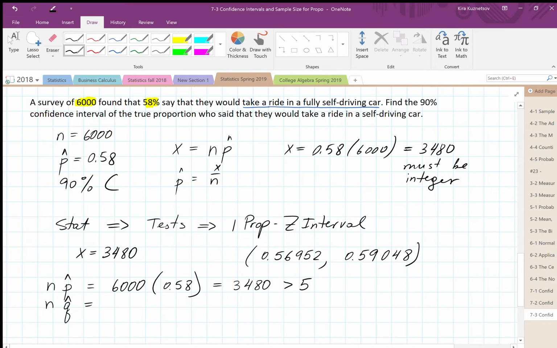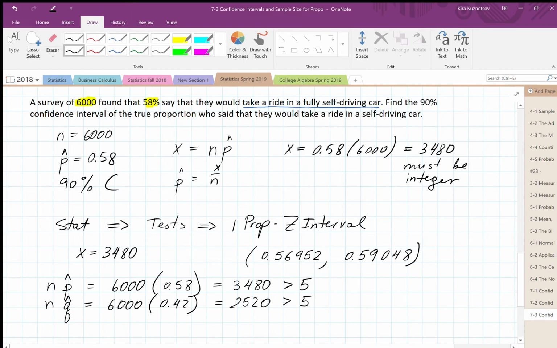Just make sure that you have greater than 5 somewhere on your piece of paper, otherwise you'll have points taken off. And then you need the q. The q is the 42% that said no, I would never ride in a self-driving car. You multiply 6000 by 0.42, and you will get a slightly smaller number, but still large enough for us to be able to use the normal distribution.